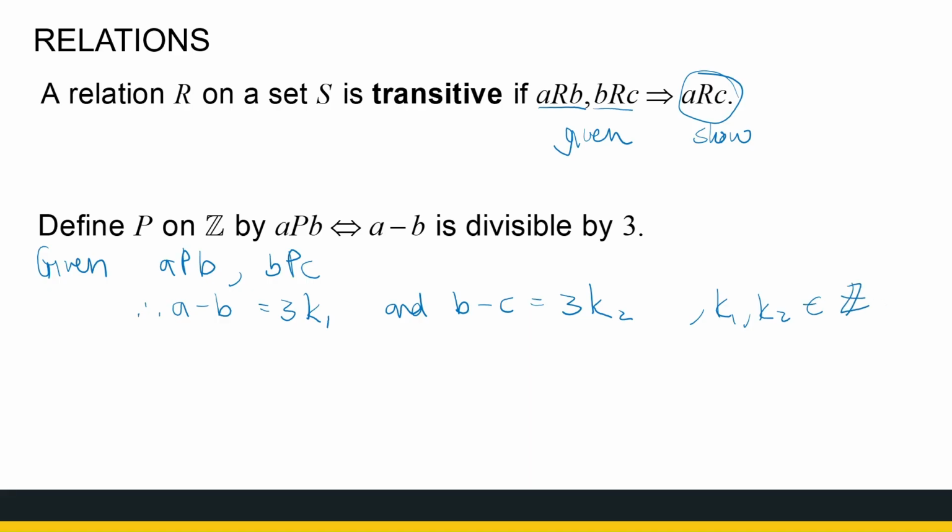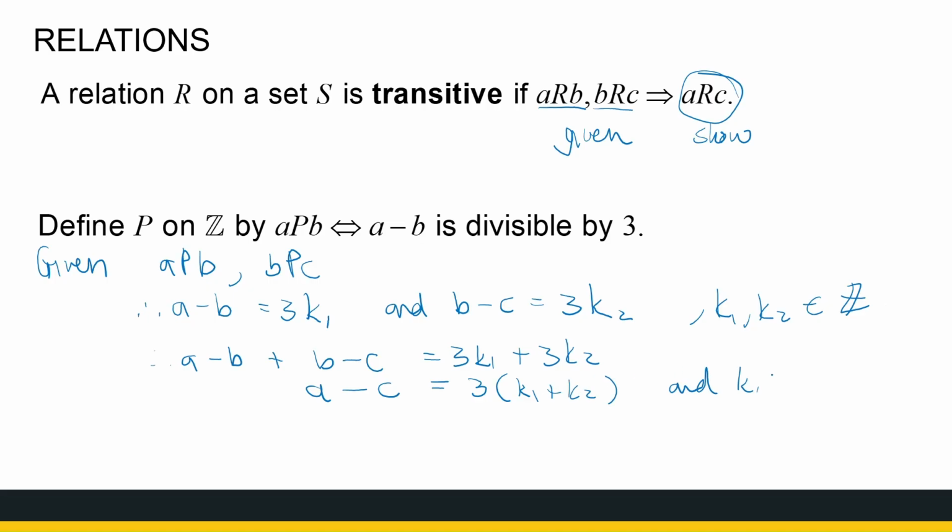So what am I looking at? I want to show that APC. So I want to link A and C. Well, if I just add those two equations together, A minus B plus B minus C is equal to 3K1 plus 3K2. The B's cancel out, and I've got A minus C. That's where I wanted to get to. Well, A minus C, can I show that it's 3 times some integer?